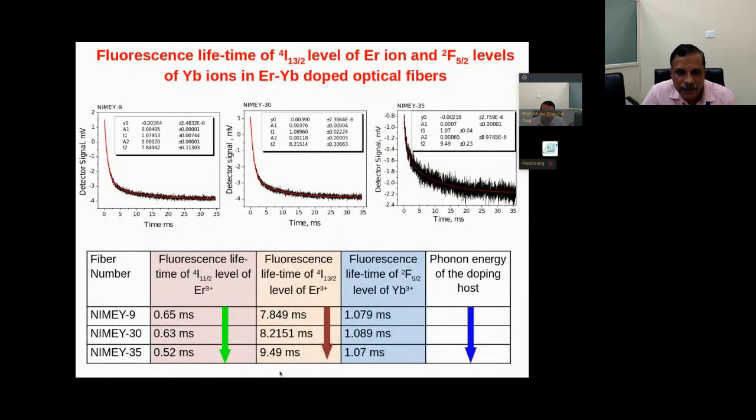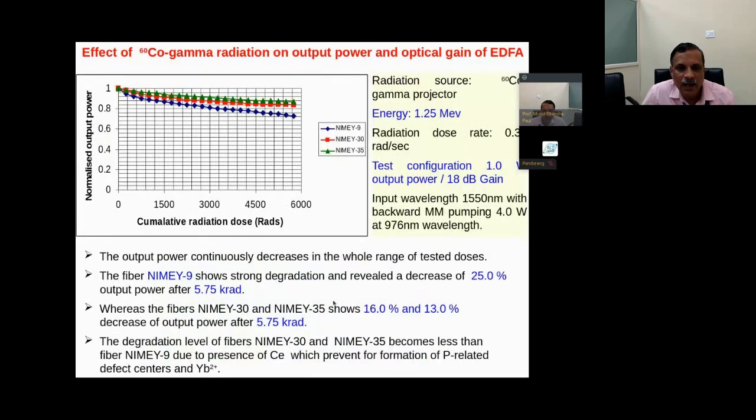On the other hand, the 4I13/2 fluorescence lifetime increases, but the ytterbium 2F5/2 fluorescence lifetime almost remains the same. That means if we increase the phosphorus content, the photon energy gradually decreases and the amplification performance of the fiber will be increased. Another important performance of this kind of fiber is that it is radiation hardened.